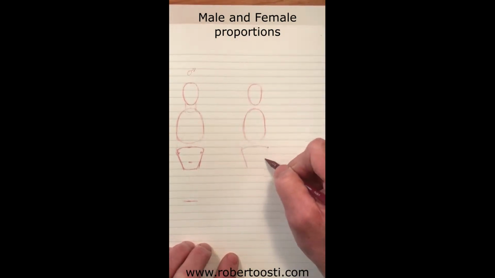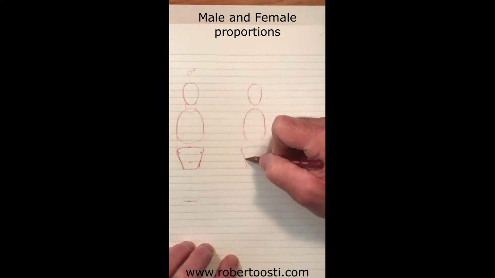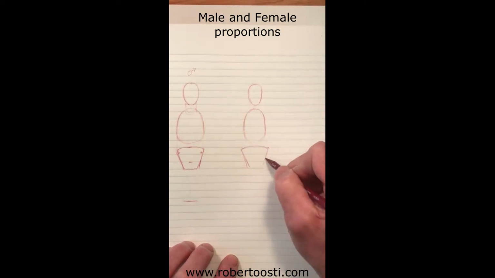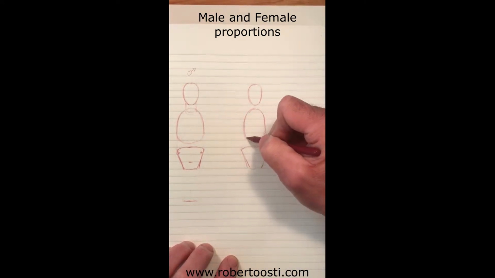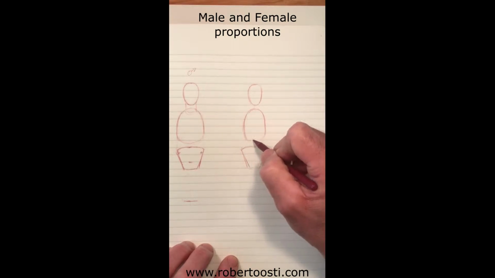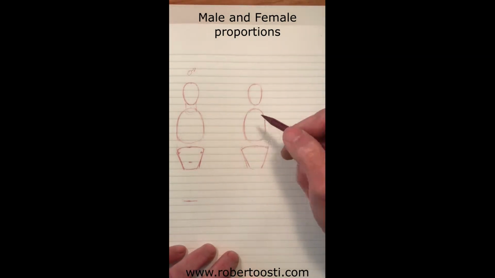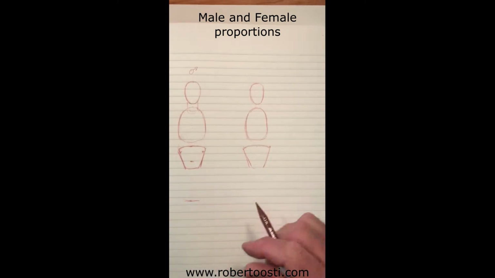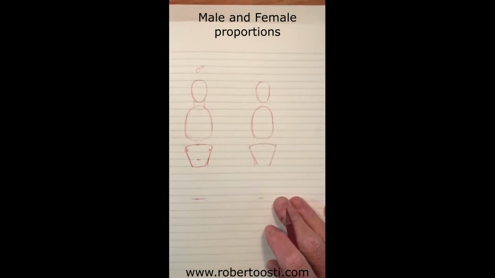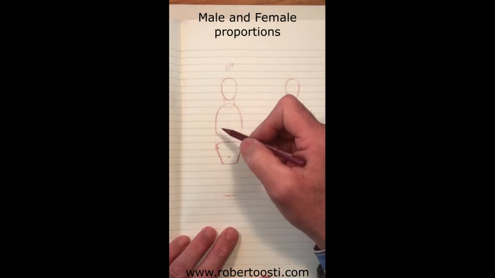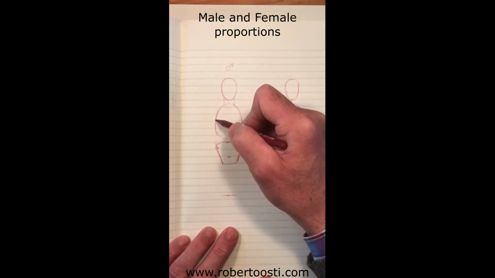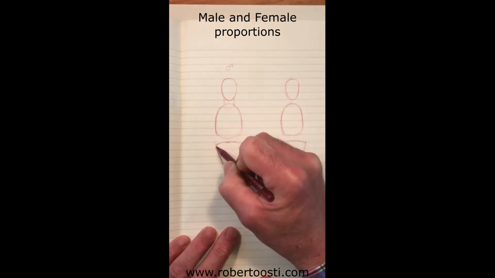So in here we're going to start having specific differences in the shape of male and female. When I add the soft part, in men, I have a passage from the rib cage to the pelvis in here.